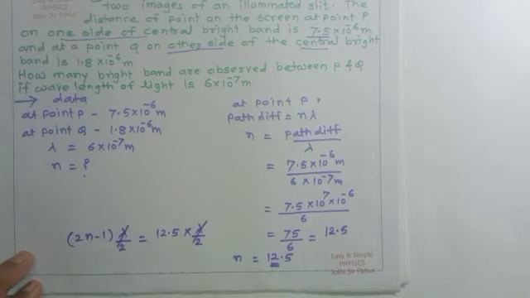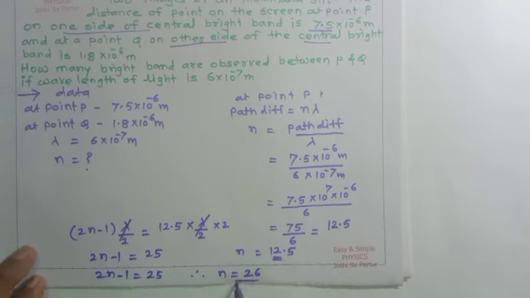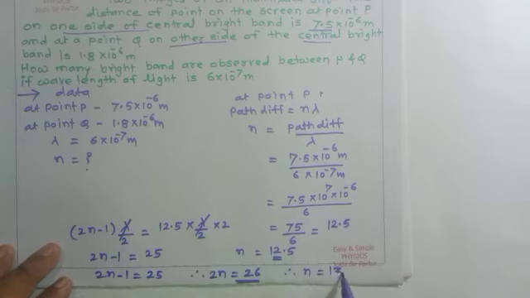Lambda upon 2 gets cancelled. 2n minus 1 is equal to 12.5 multiplied by 2, that is 25. Therefore, 2n is equal to 26, so n will be 13.